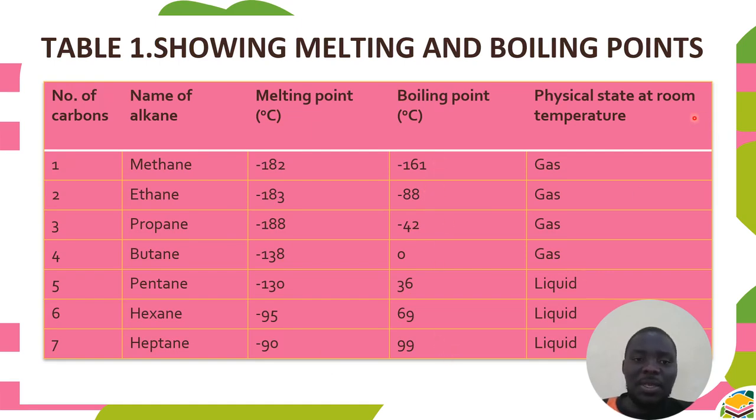Now if we check on the physical state at room temperature, the first four are found in gaseous state because they have few weak intermolecular forces, so little energy is needed. While starting from 5 up to 10, they are found in liquid state because they form strong intermolecular forces.